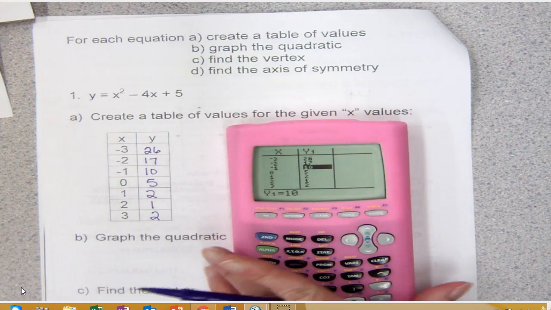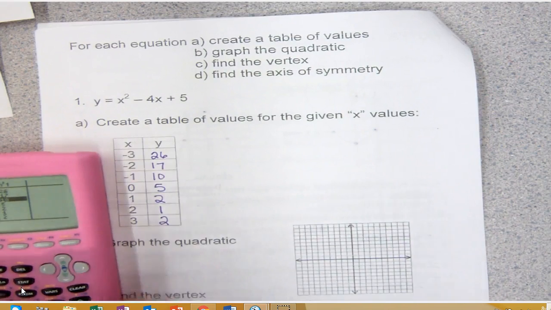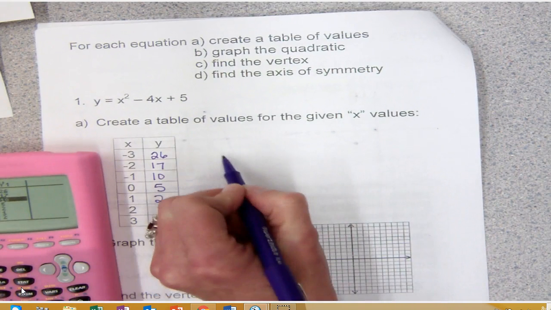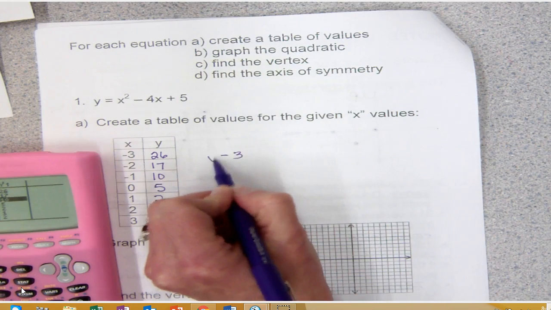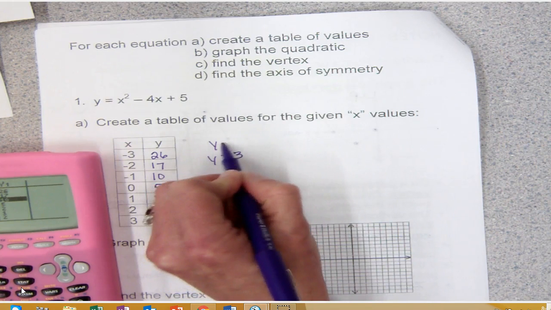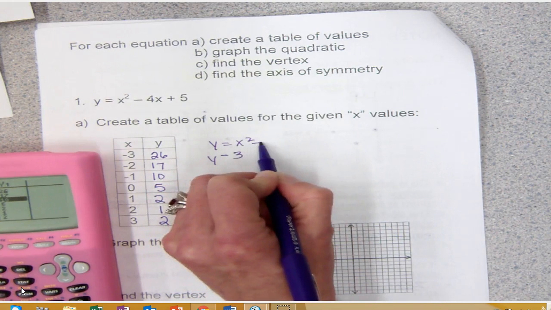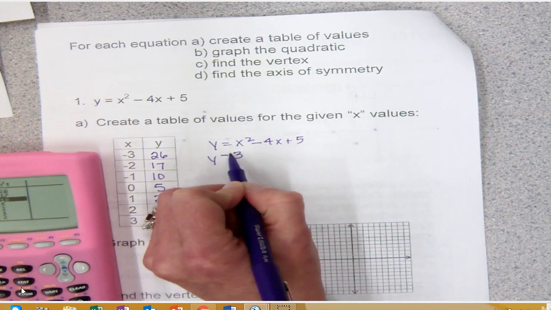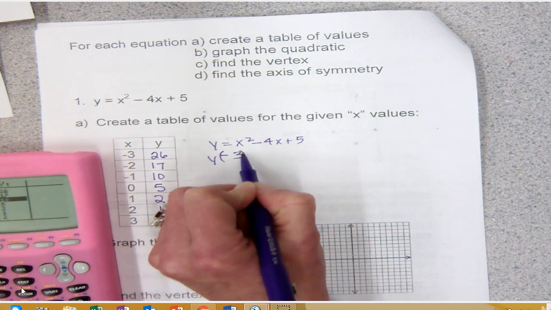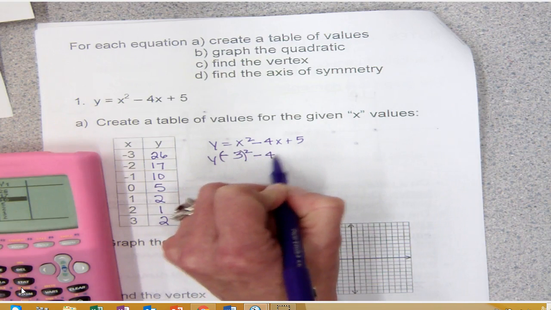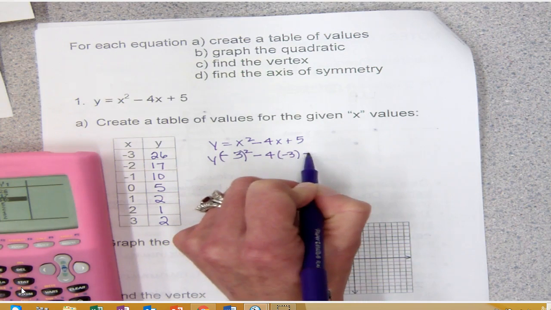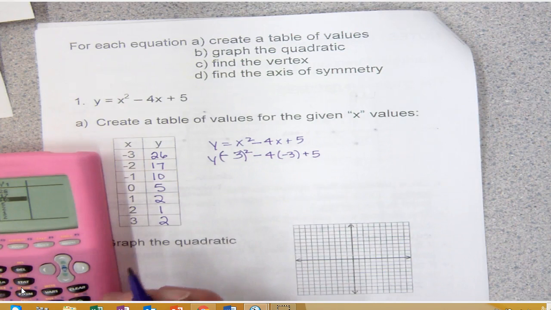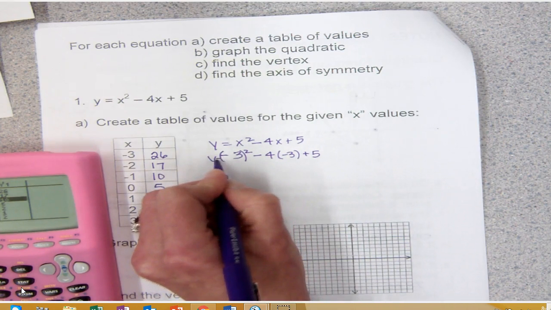Okay, the other way to do that is by hand, and you could literally just plug in negative 3. You have y equals x squared minus 4x plus 5. I could plug in negative 3 squared minus 4 times negative 3 plus 5 and do the work that way.